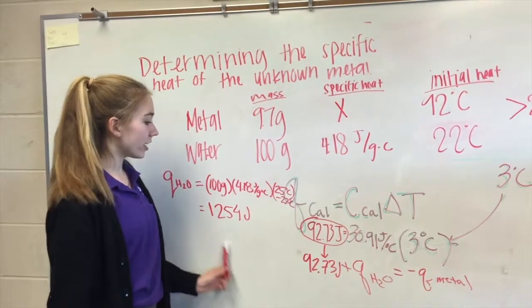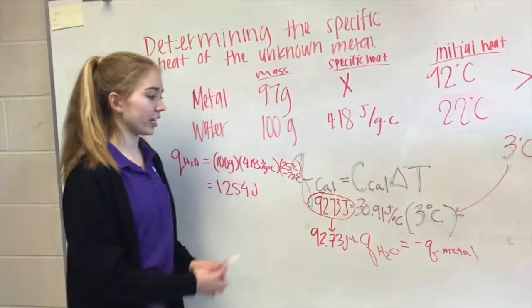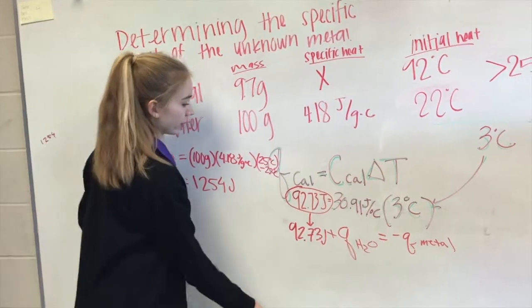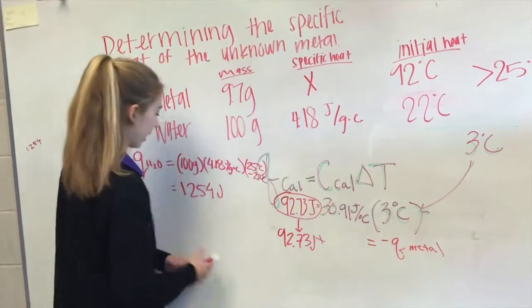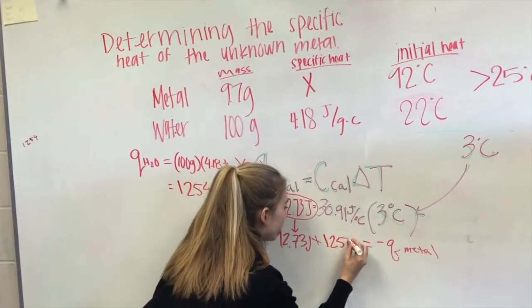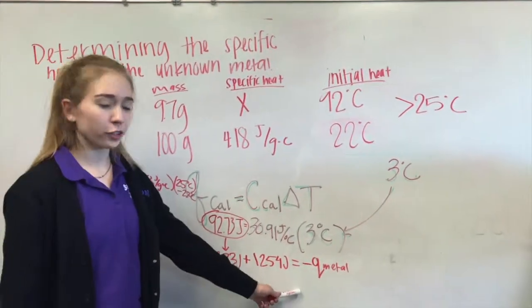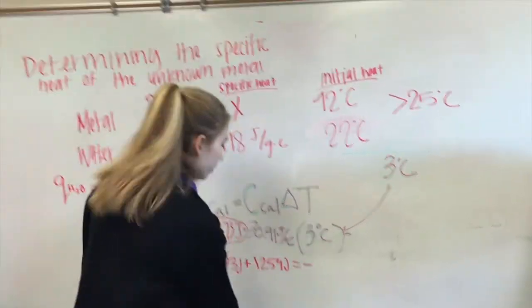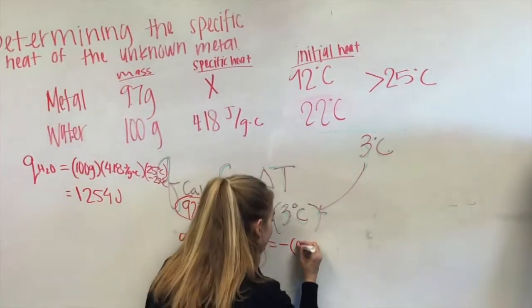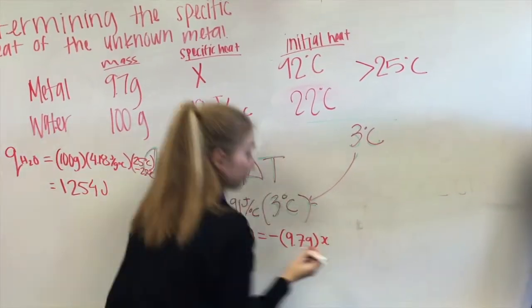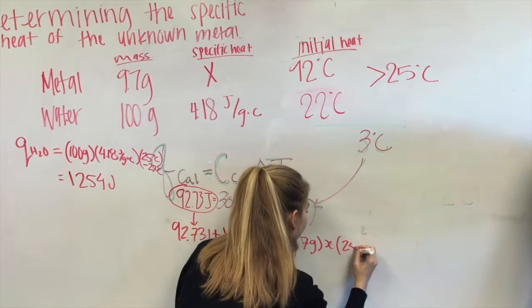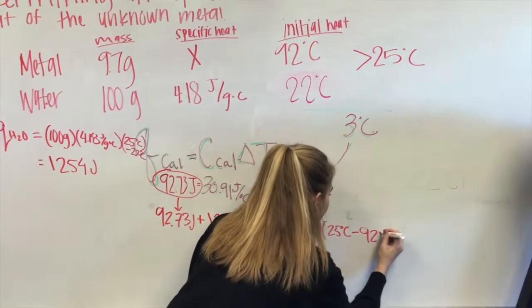Now we can put this into the equation to figure out the negative Q of the metal value. So we're going to take out this Q of H2O and plug in 1,254 joules. The negative Q of the metal is going to be equal to MC delta T, which will be 9.7 grams times X for the specific heat we're trying to find, times 25 degrees Celsius minus 92 degrees Celsius.